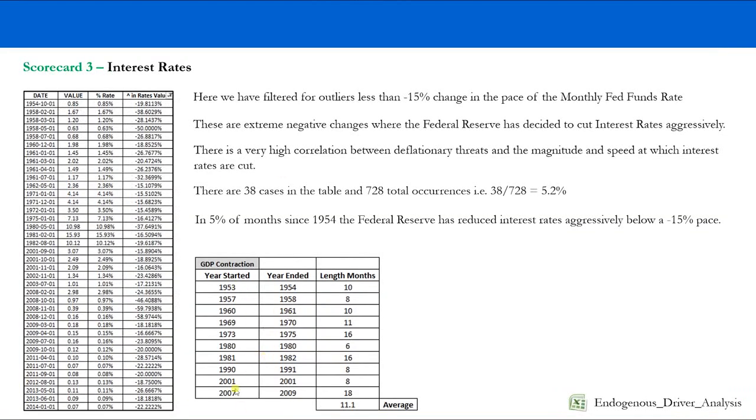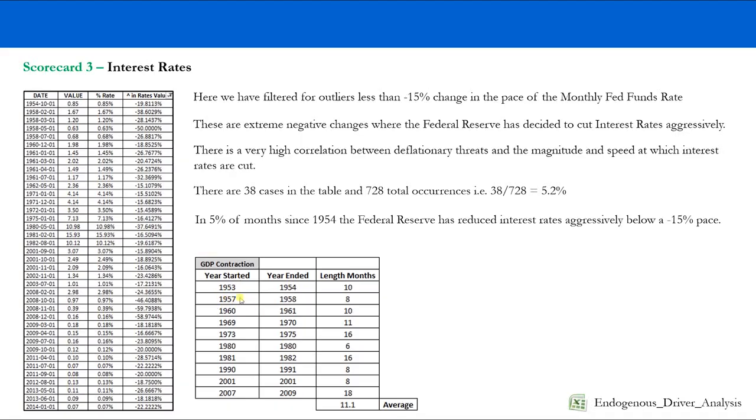So if we look at all the cases of GDP contraction, we can see the first GDP contraction in history, 53 to 54. We see the Fed reacting by reducing interest rates aggressively, and we see an almost minus 20% pace in the reduction in interest rates.